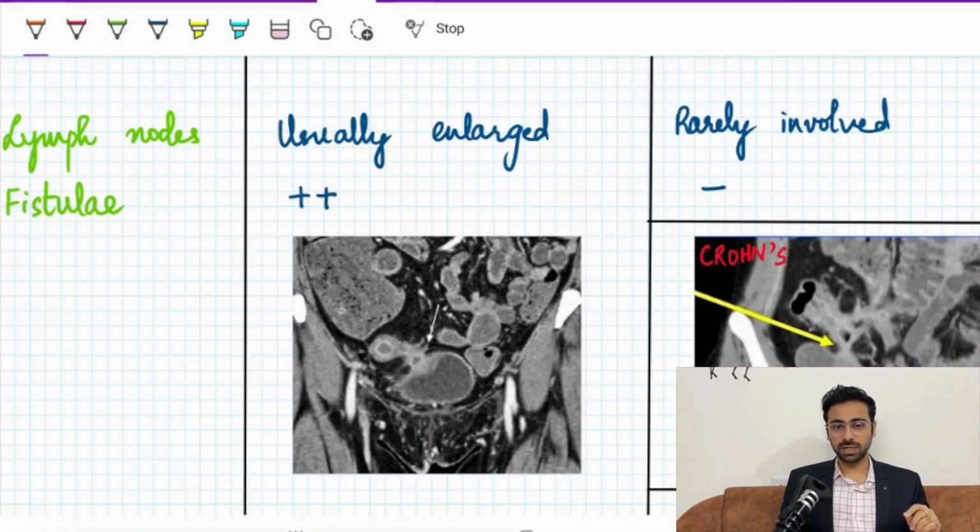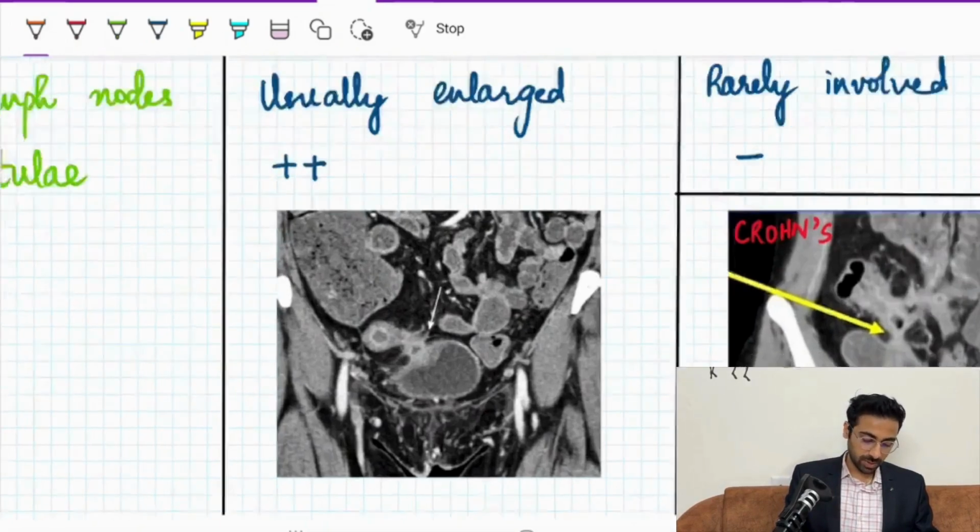The first differential diagnosis being Crohn's, the second being a fistula between the sigmoid colon and the vesicle as a complication of sigmoid diverticulosis. Both are very frequently encountered. So if you get the history of pneumaturia, scroll through the images, find out the fistula level and diagnose either as Crohn's or sigmoid diverticulae. Diverticulae elsewhere, such as small bowel, can also cause these complications, but sigmoid diverticulae is very frequently encountered.